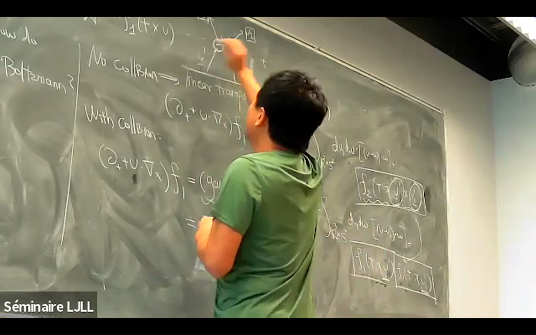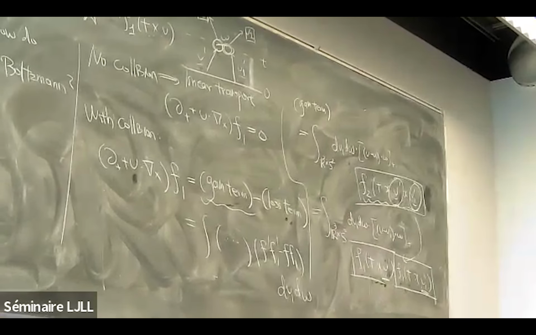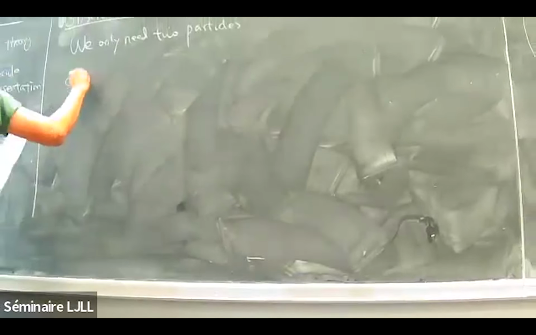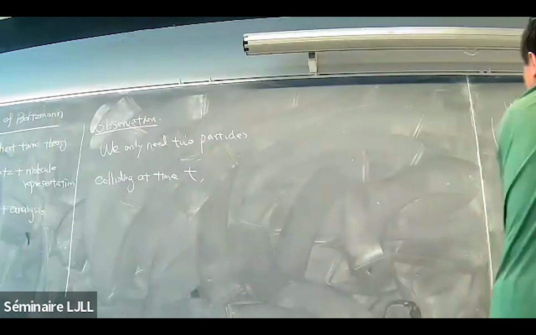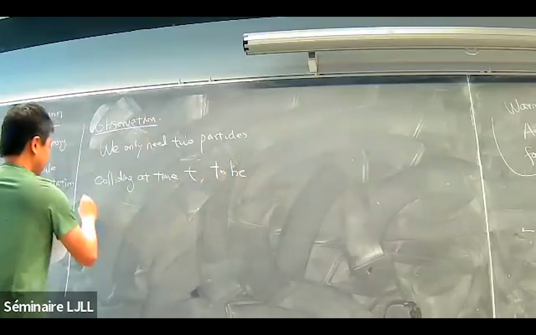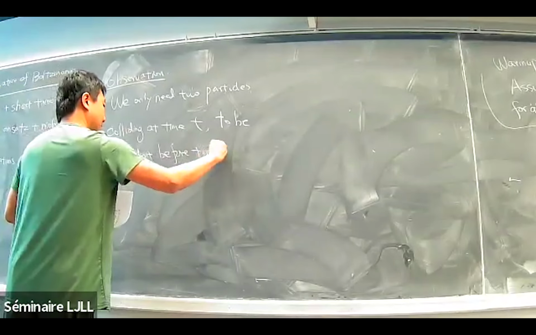So this is the first observation here: two particles colliding at time t will be independent before time t.